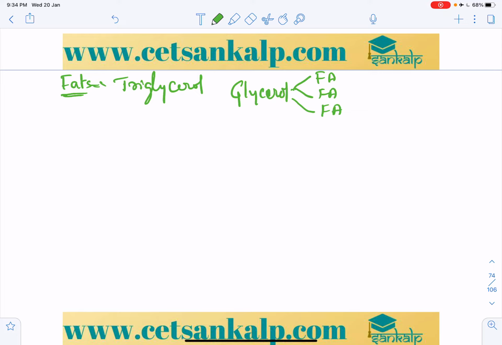Mainly the bile salts help in the emulsification. The bile salts, that is sodium glycocholate and sodium taurocholate, act on the triglycerides.